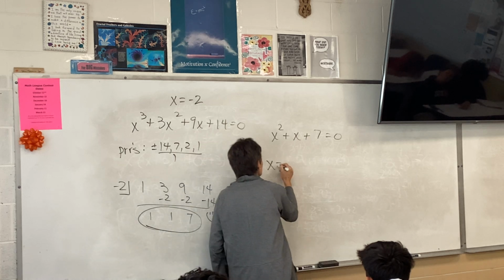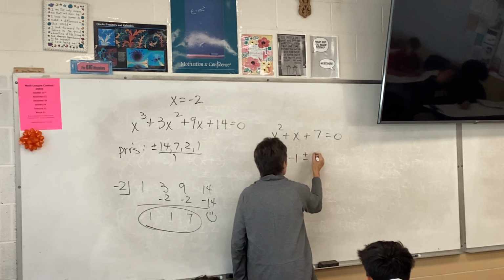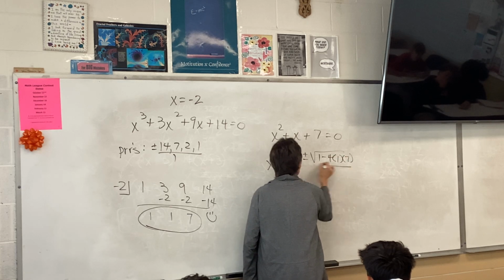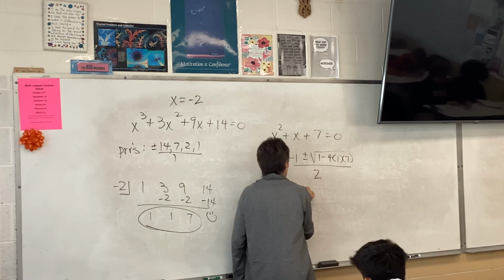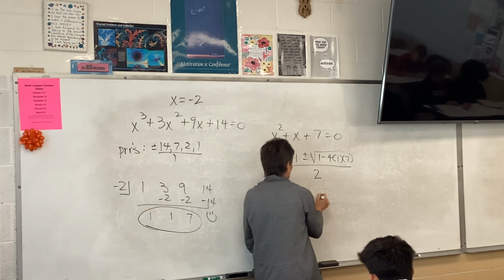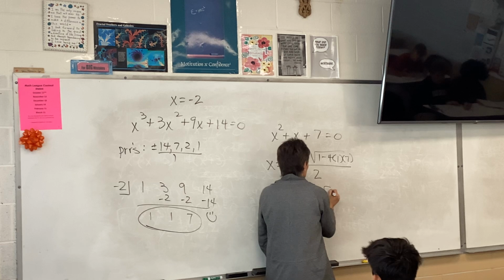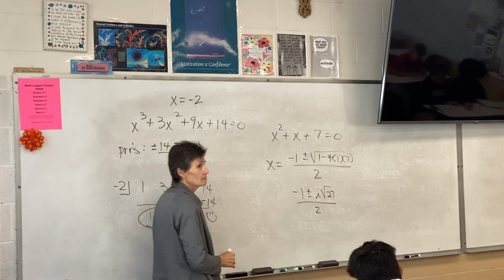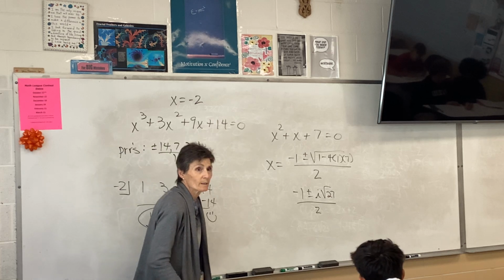X equals negative b plus or minus the square root of b squared minus 4ac. Uh-oh. I think I'm going to get negative 27, so the square root of negative 27.